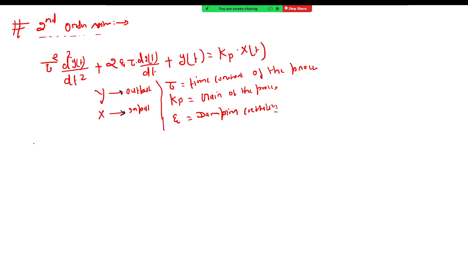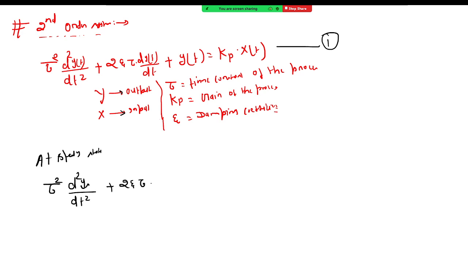So when we talk about this differential equation, I can call this equation first, right? And if I want to write it at steady state, what will happen? Tau square d2 ys divided by dt square plus 2 zeta tau dys divided by dt plus ys is equal to Kp xs.